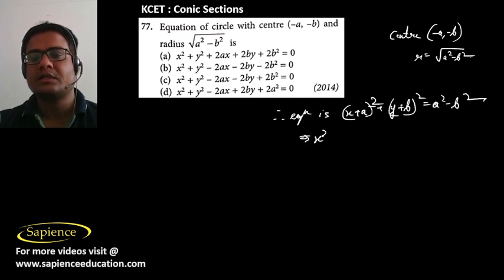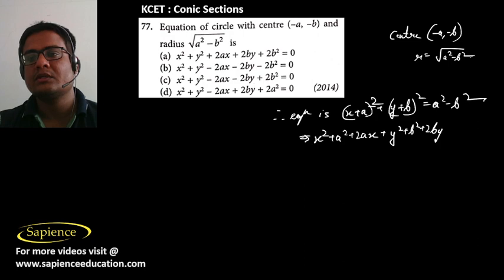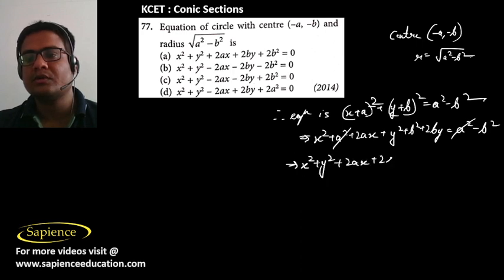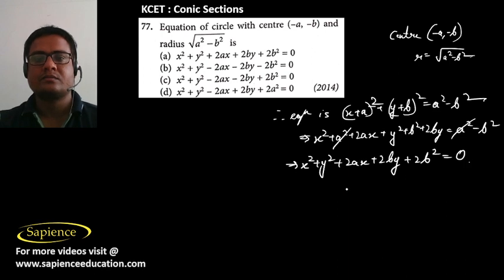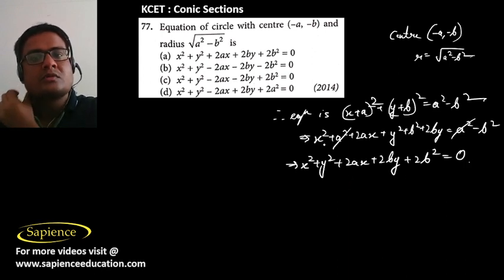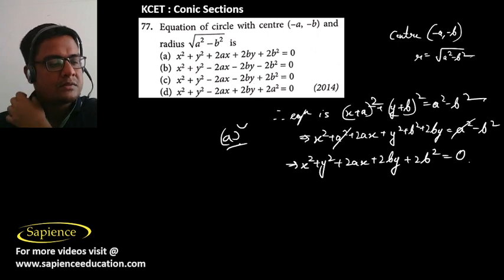So x square plus a square plus 2ax plus y square plus b square plus 2by is equal to a square minus b square. So a square will cancel. Therefore x square plus y square plus 2ax plus 2by plus 2b square is equal to 0. So option A is the correct answer.